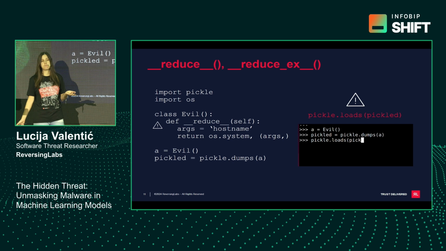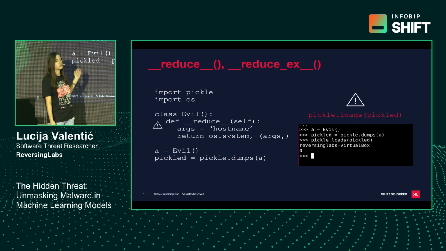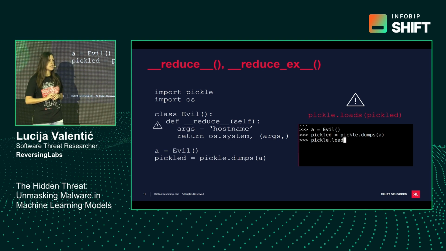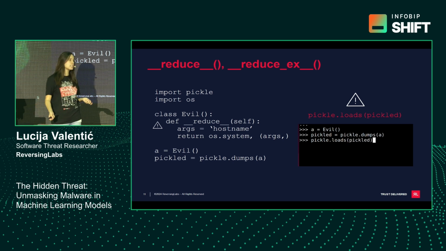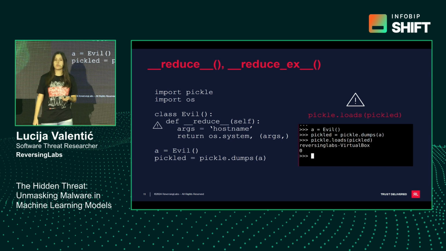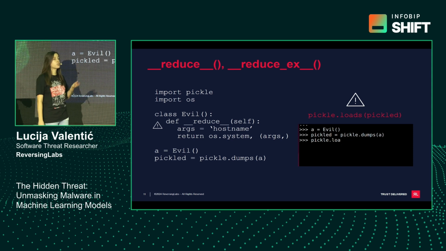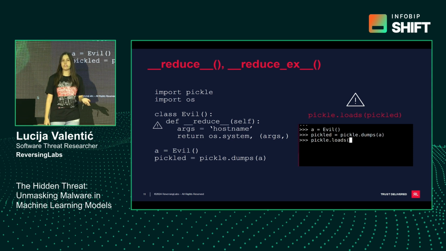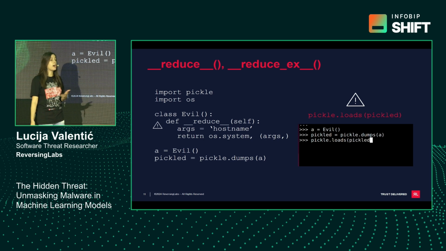your class. And here we have one custom class, one evil class, and we have overridden its function reduce. So we have taken an instance of that class, we pickled it, we unpickled it on some Linux, and what we got was the host name of the computer that the object was unpickled on. Why?